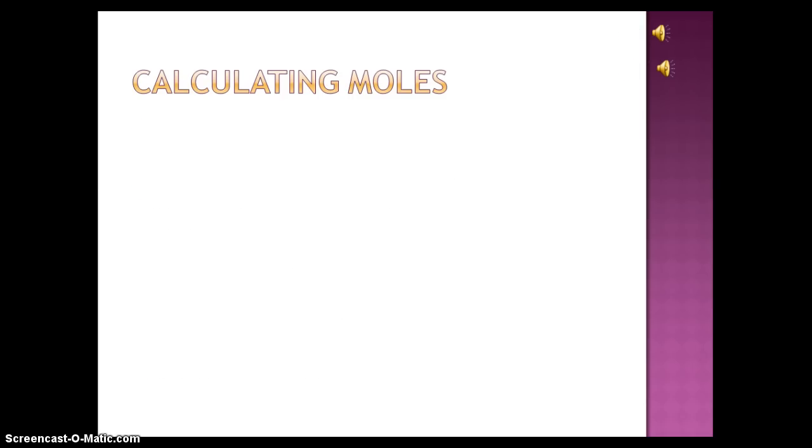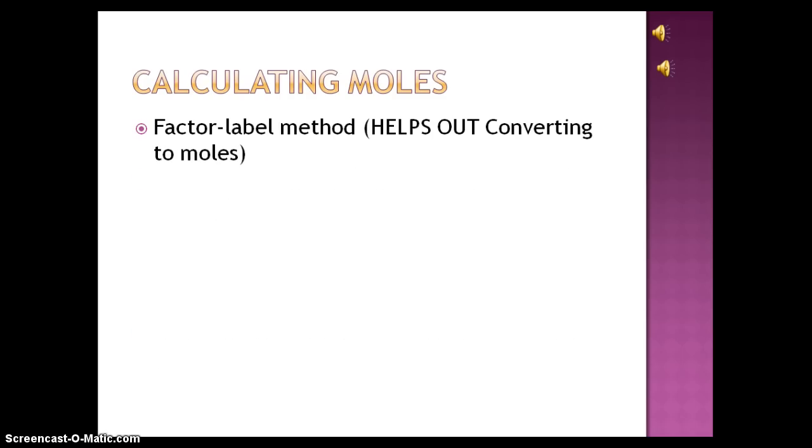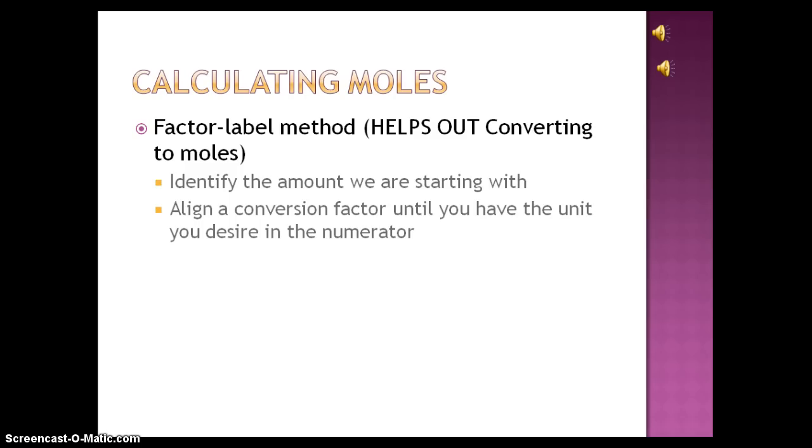Another method we can try for calculating moles is known as the factor label method. The steps to doing this are as follows. First, identify the amount we are starting with. Then align the conversion factor until you have the unit you desire in the numerator.